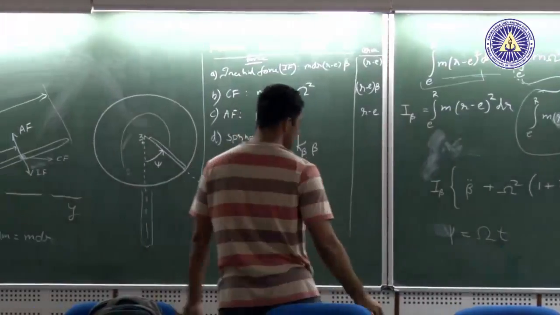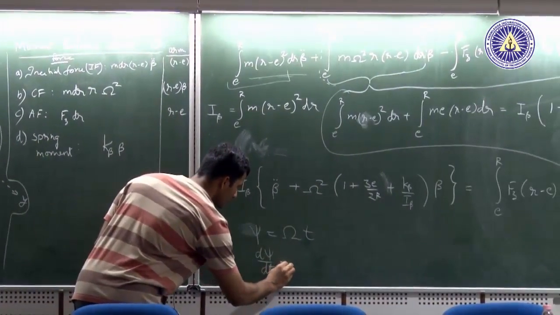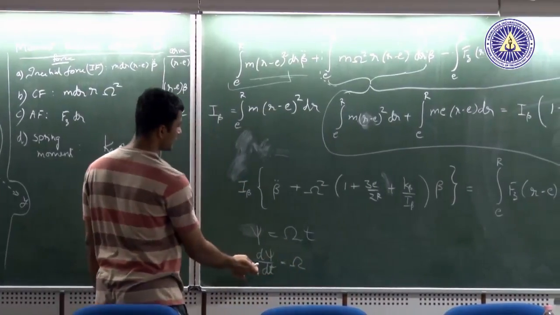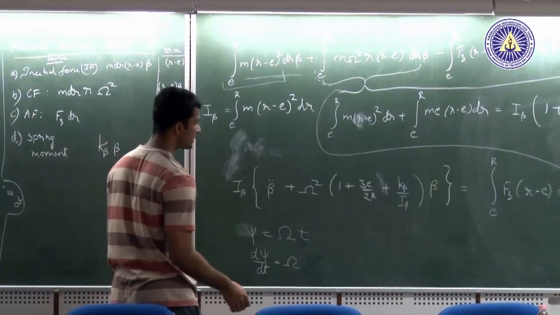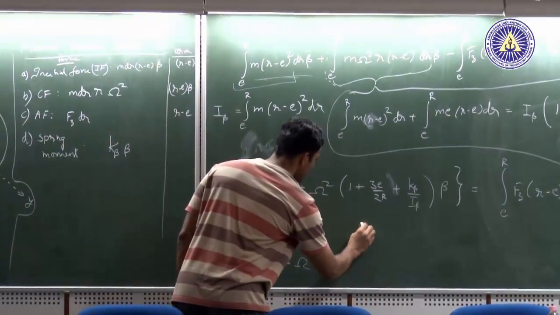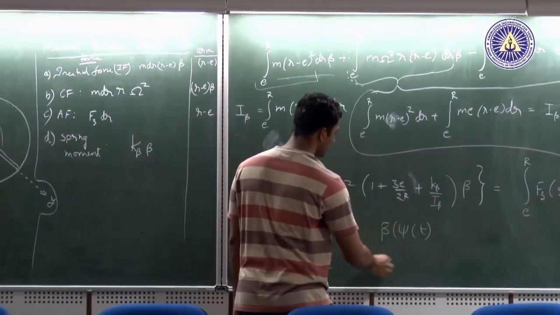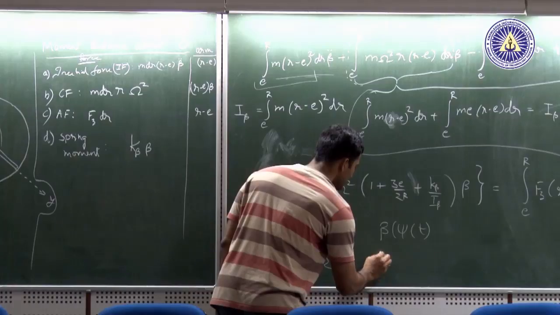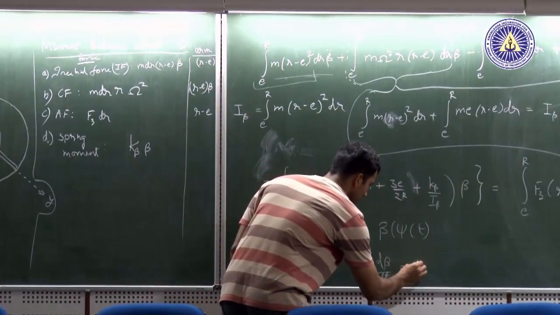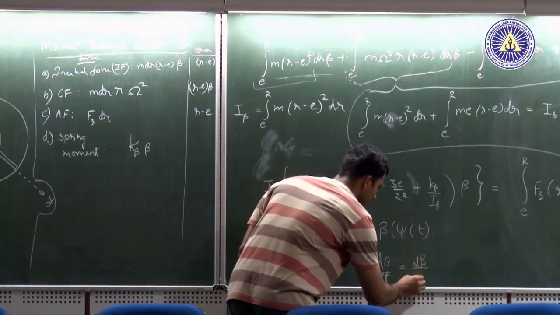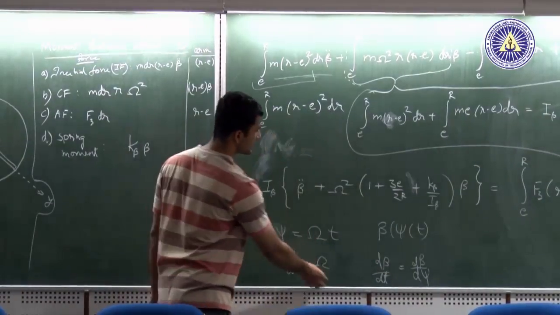So you have this relation: d psi by dt is omega, and if you write everything in terms of psi, this equation further reduces. Of course, you can write beta as a function of psi, which is a function of time. Therefore, you can write d beta by dt as d beta by d psi times d psi by dt, which is omega. Okay.